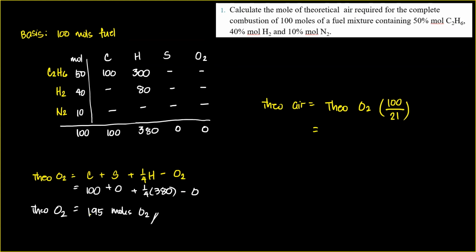So guys, 195 times 100 divided by 21, how much is that? 928.57 moles of air have to be supplied. All right.